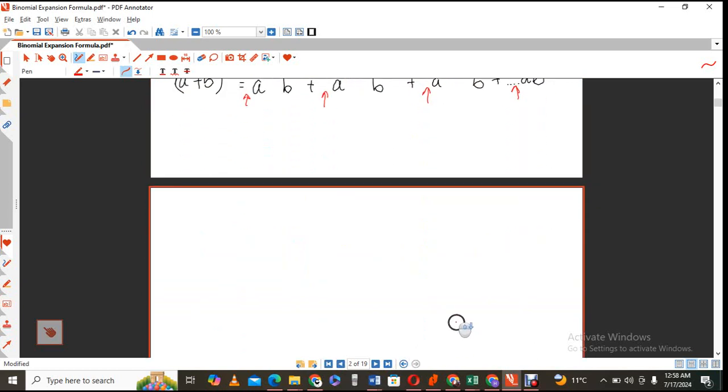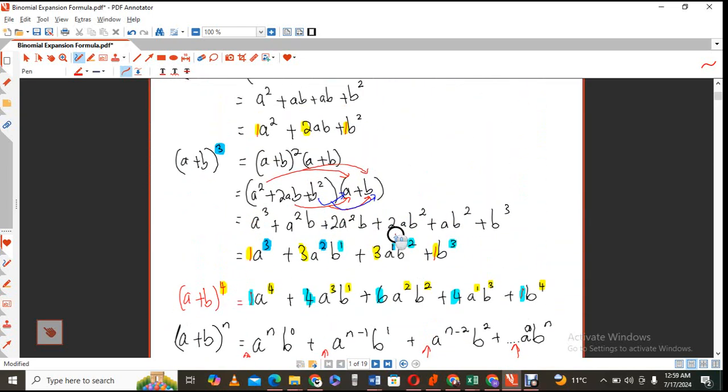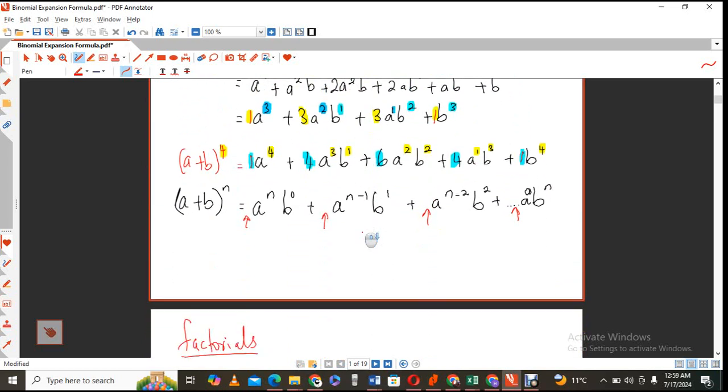Okay, and the way we look at that is we're going to introduce something a little bit more. Maybe I should just explain the concept of factorials to you, because this brings us to a very interesting concept. We are not going to have the time to use Pascal's triangle all the time.